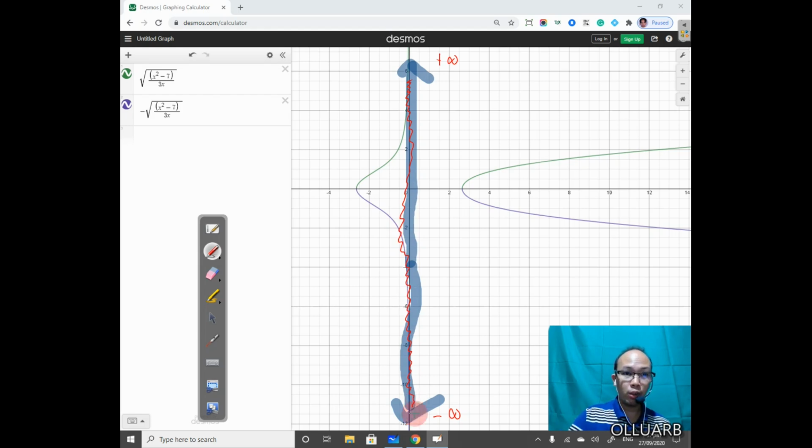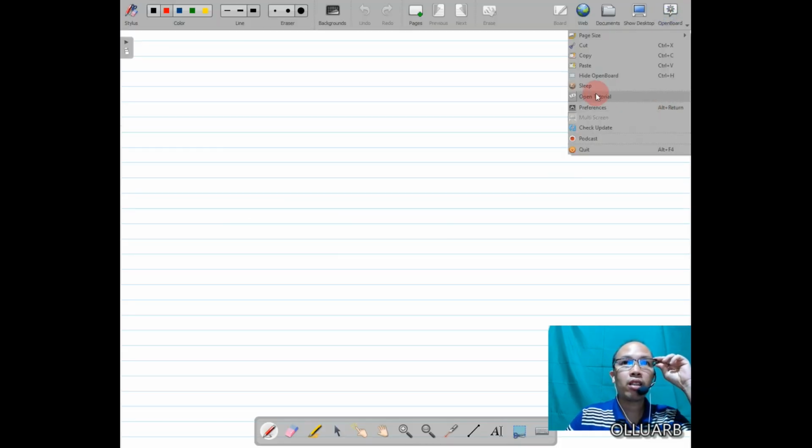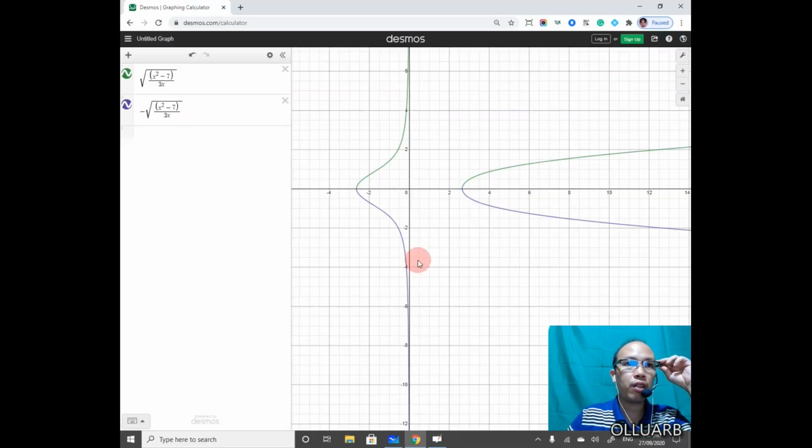So our calculation is indeed correct, based on the graph.